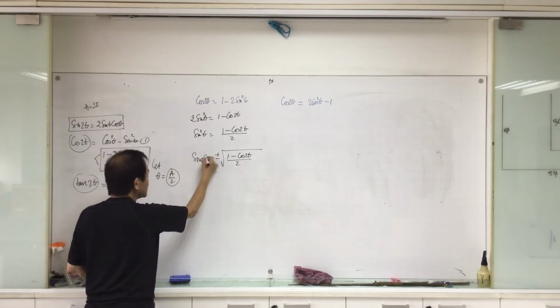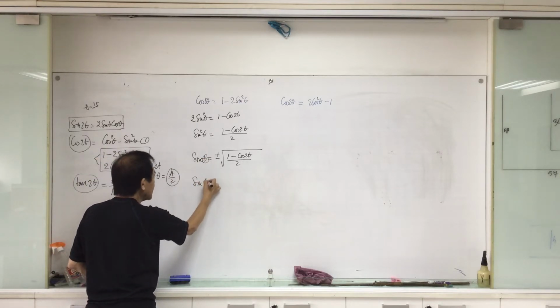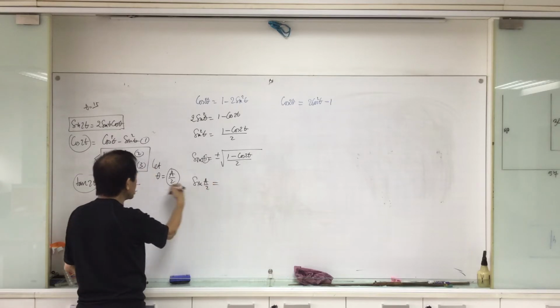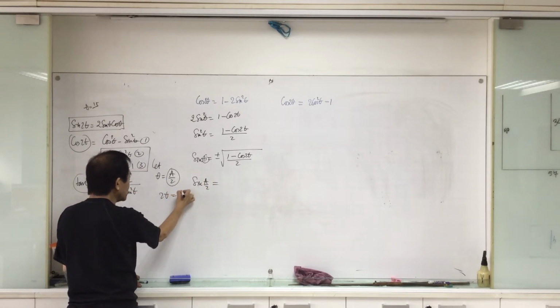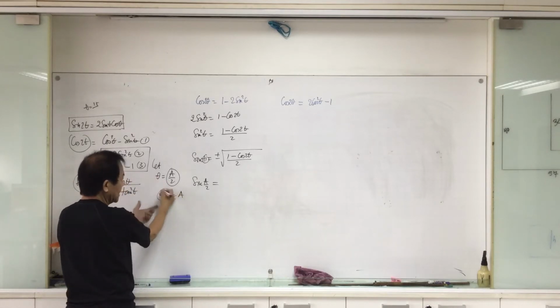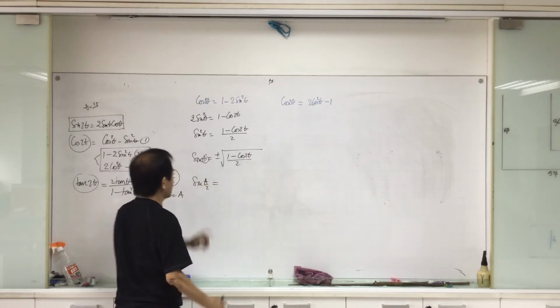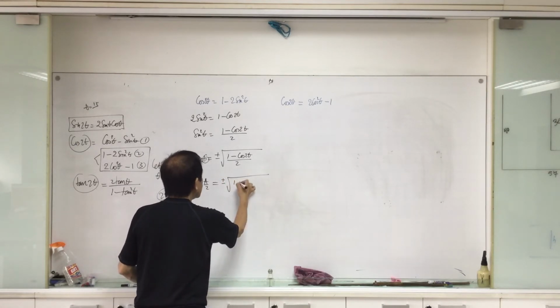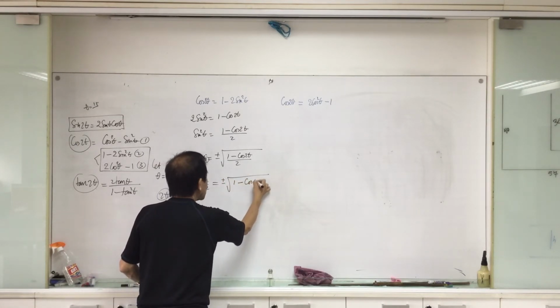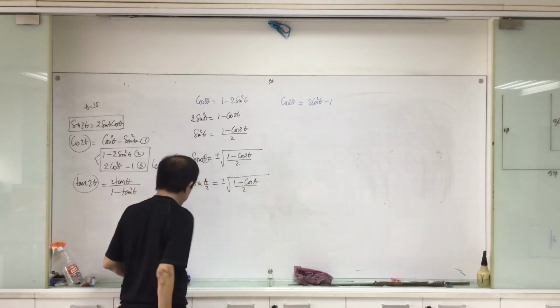You plug a over 2 here. Sine of a over 2 equals... if theta equals a over 2, therefore 2 theta has to equal a, right? You multiply both sides by 2. So instead of 2 theta, you put a. So it equals plus or minus the root of (1 minus cosine a) over 2.